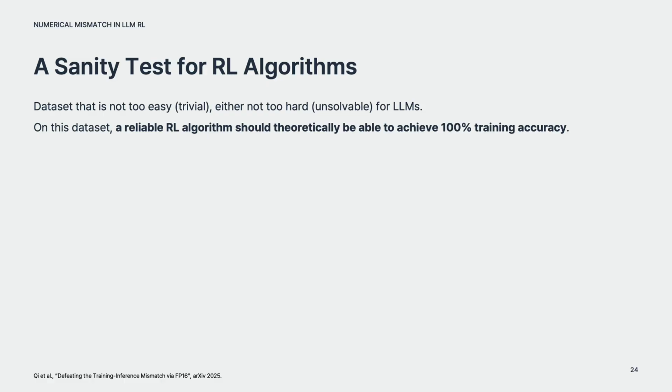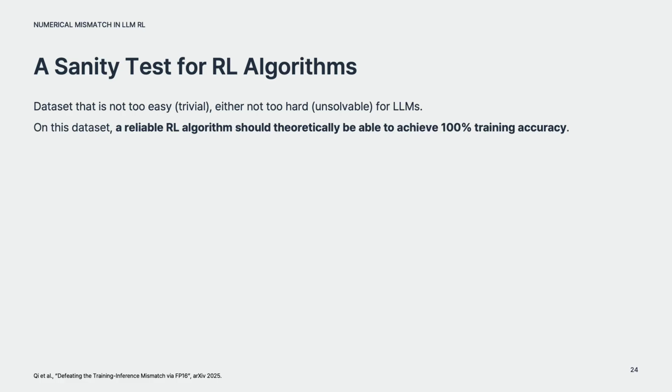Next, to perform a sanity check on several commonly used RL algorithms, the author constructs a dataset with the following procedure. They start from a reasoning dataset such as AIME 2024 and assume that for problems that are neither too easy nor too hard, a reliable RL algorithm should in principle be able to achieve close to 100% accuracy.